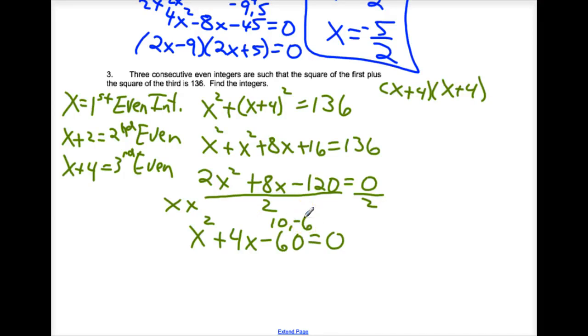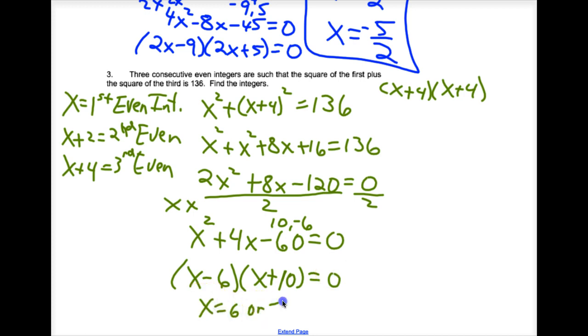That makes positive 4. I thought it was going to be 12 and 5, but it was not 12 and 5. So we got x minus 6 times x plus 10 equals 0. Solving both those, x equals 6 or negative 10.